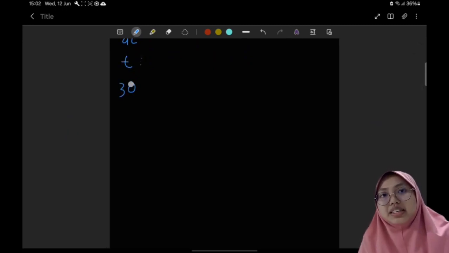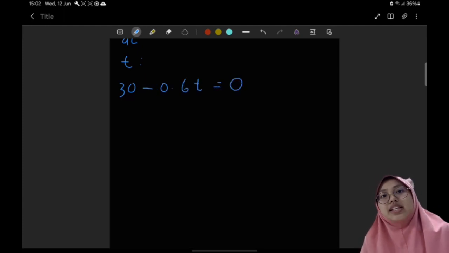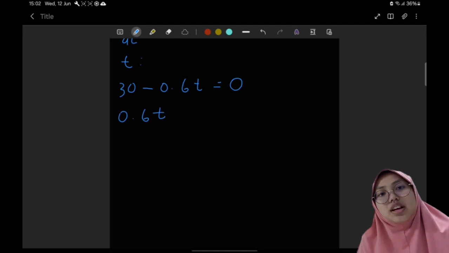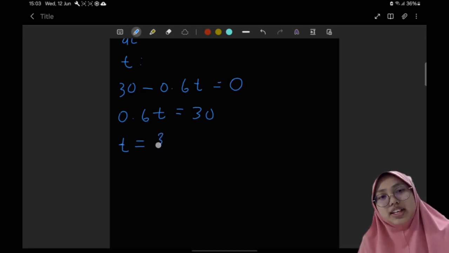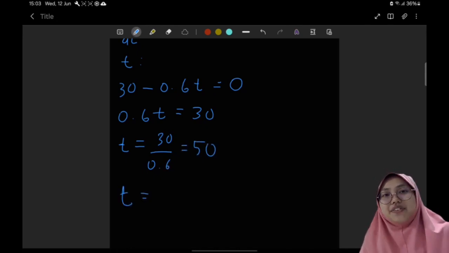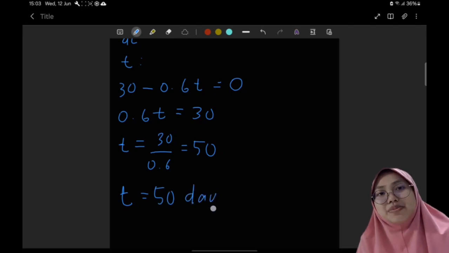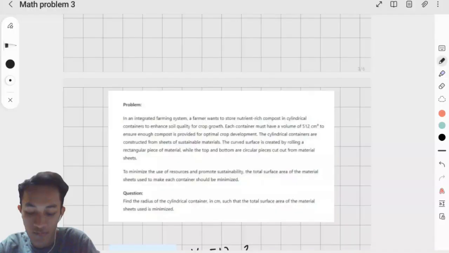To find the maximum growth rate, set the derivative equal to 0 and solve for t. 30 minus 0.6t equals 0. 0.6t equals 30. So t equals 30 over 0.6, which equals 50. Therefore, the growth rate is maximized at t equals 50 days.